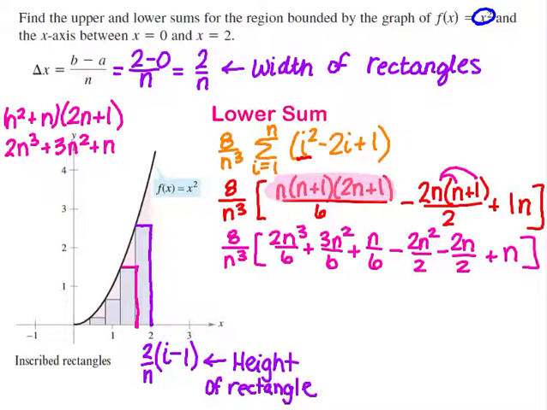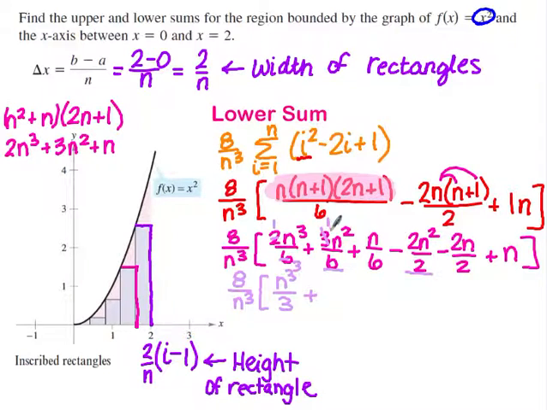Okay, so now I'm going to combine like terms if I can. So first of all, I've got 8 over n cubed, and then we'll be almost done. Here's my 2n cubed over 6, which is actually n cubed over 3. Okay, is there another n squared here? Yeah.